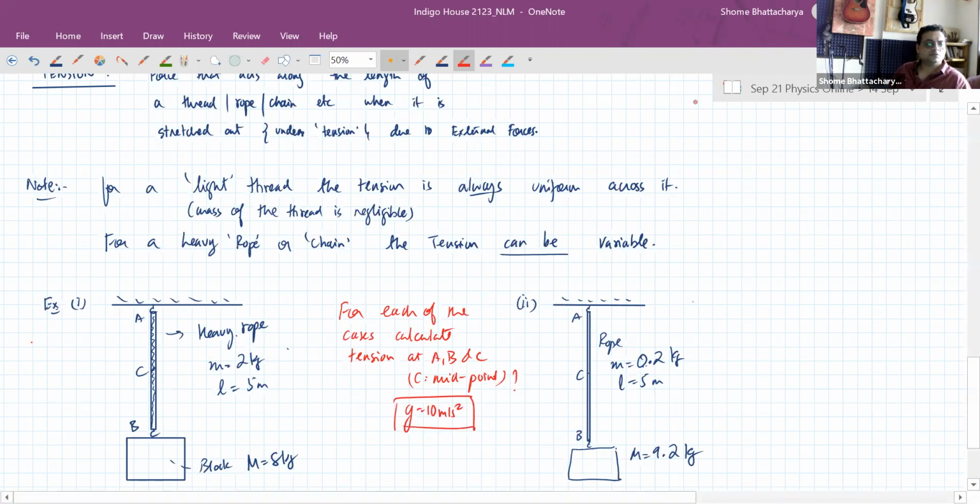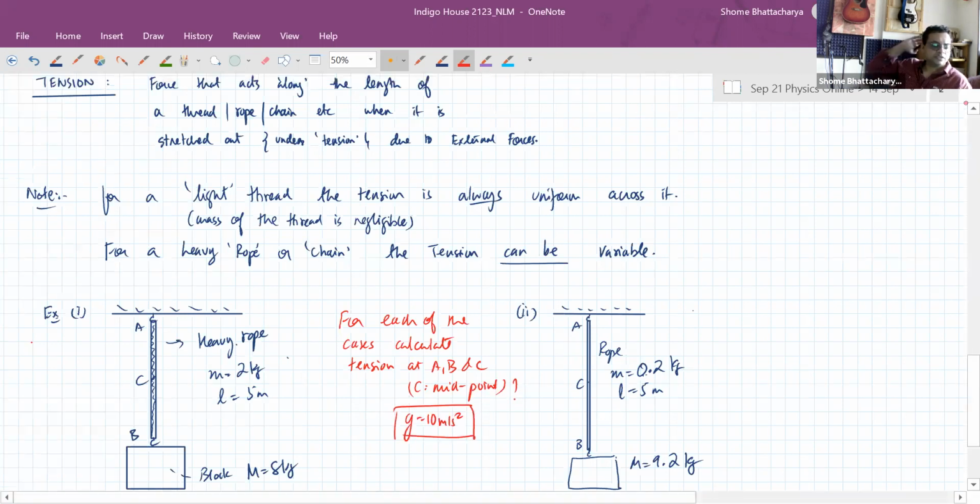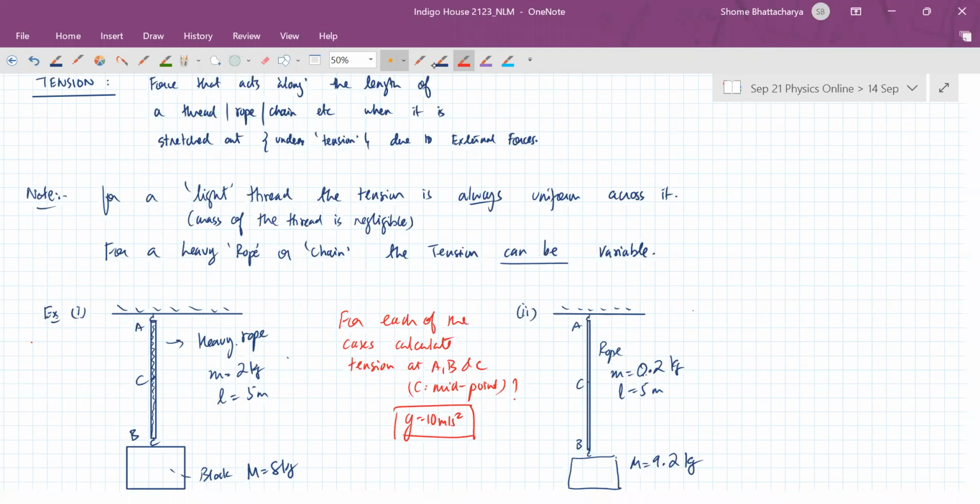Okay, so through this example, we'll also understand the justification for the above statement that heavy ropes or heavy chains can have variable tension, but if the string is massless or light, sometimes light strings are also called massless. So nothing is perfectly massless, of course. Nothing can have zero mass.